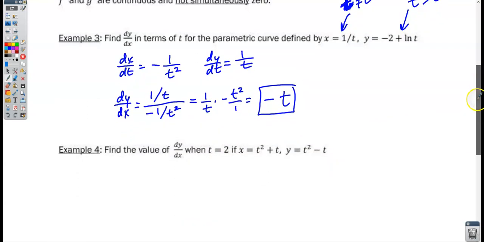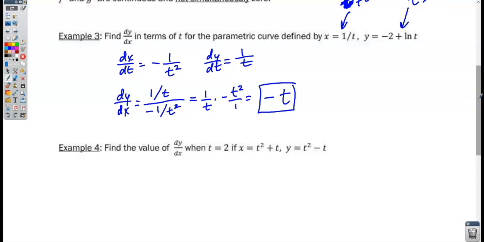Example 4. Find the value of dy dx when t equals 2 if x equals t squared plus t and y equals t squared minus t. Again, same process. We're going to find dx dt. That's going to be 2t plus 1. I'm going to find dy dt. It's going to be 2t minus 1.